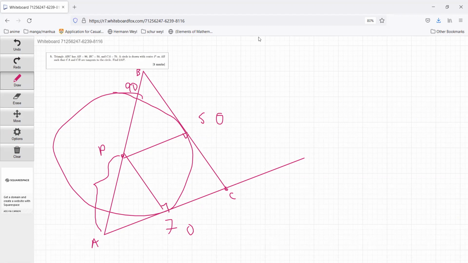What else do we know? We know that this distance here is equal to this distance here. So we can call these two x and x.